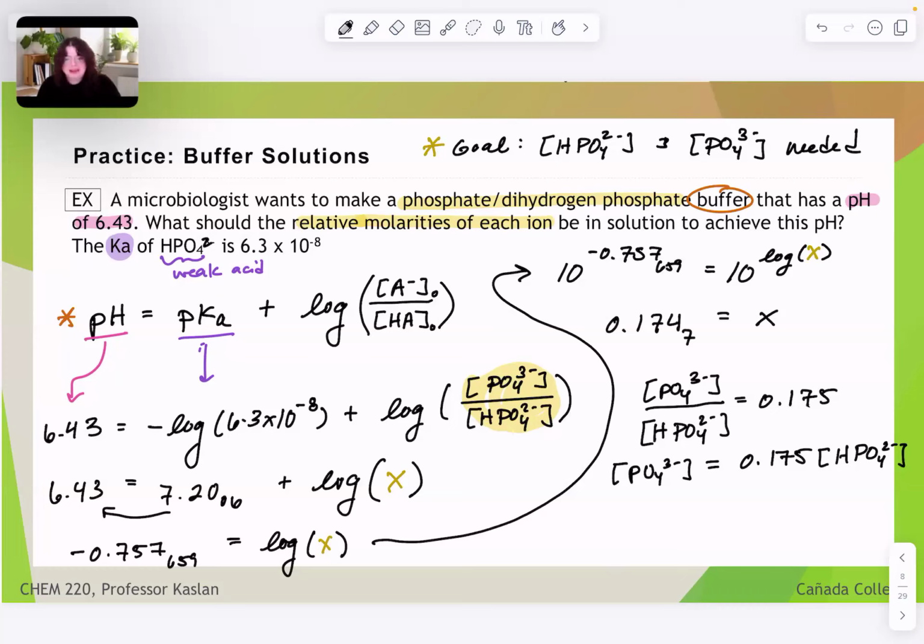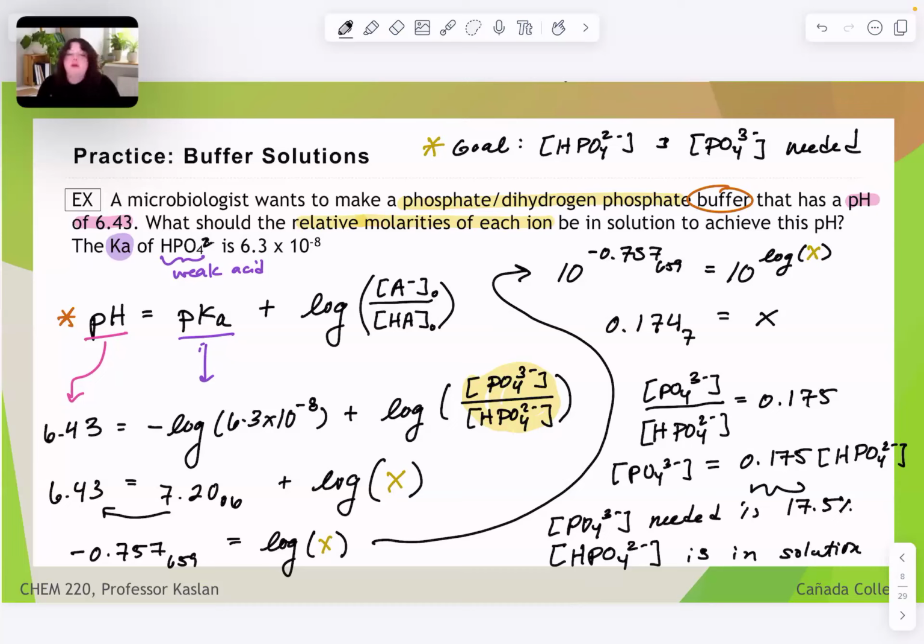Or another way to think about this in terms of a percentage, the concentration of phosphate needed is 17.5% of whatever the concentration of dihydrogen phosphate is in solution.